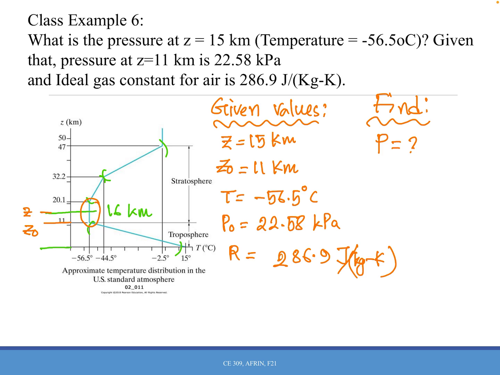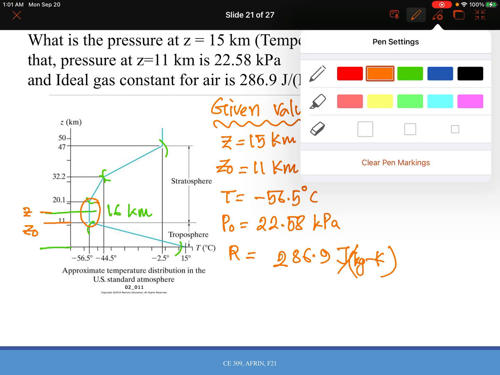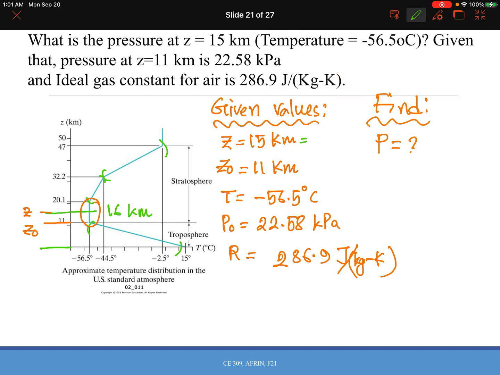Now, a few things here. We have to convert every parameter into the standard unit. Everything is in kilometers and kilopascals, so 15 kilometers will be 15 times 10 to the power 3 meters, 11 kilometers will be 11 times 10 to the power 3 meters, and 22.58 times 10 to the power 3 pascal.